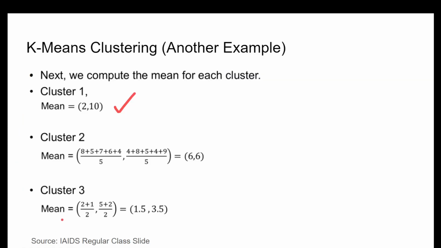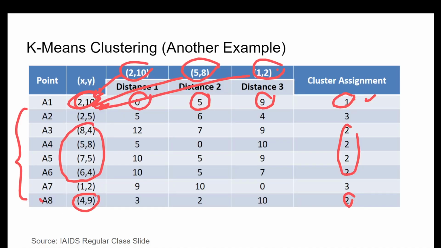You can just do 8 plus 5 plus 7 plus 6 plus 4 divided by 5, because there are 5 points there, and the same for the y-axis value. And for cluster 3, we can do the same. Take the mean of this one. So basically 2 plus 1 divided by 2, and 5 plus 2 divided by 2. It is 1.5 comma 3.5.